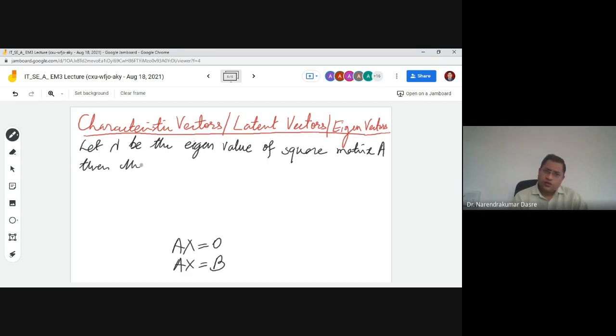The non-zero vector. So when we denote a vector, we denote it by a capital letter. When we denote an element, we denote it by a small letter.